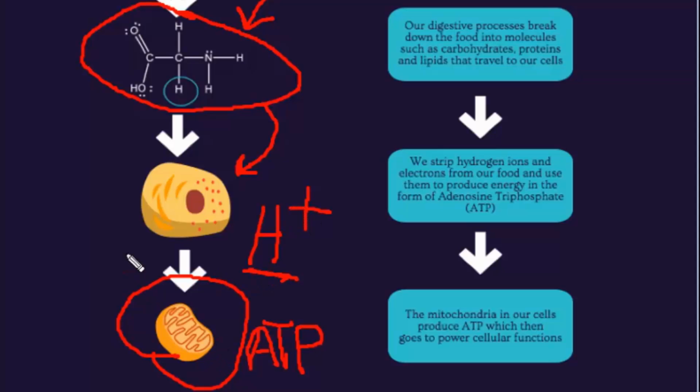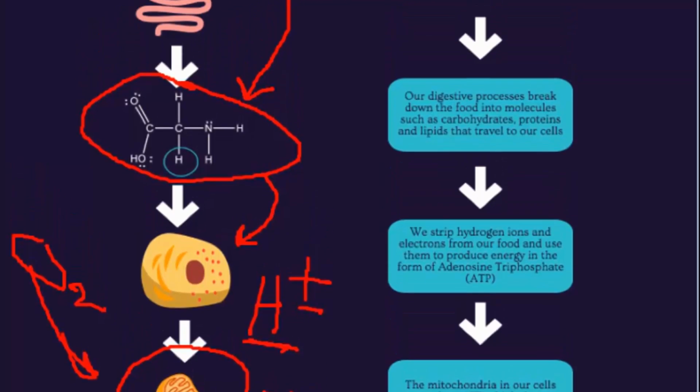Now, besides the hydrogen ion from our food, we do need something else over here. It's called oxygen. So, very well done here. Oxygen from the atmosphere, hydrogen ion from our food, meet in the mitochondria to make ATP, and that's what it's all about.